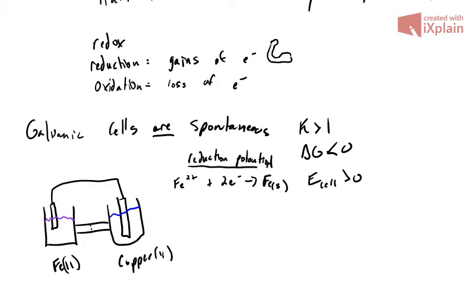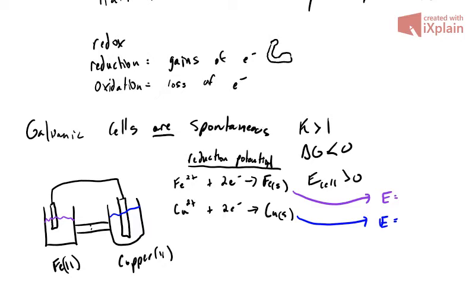These reduction potentials are their half reactions written out as reduction reactions. So gaining electrons, getting them gains. It's a reduction potential written out like this, and each one, I believe purple was the iron, has a potential, not a cell potential, but a potential for the reaction.